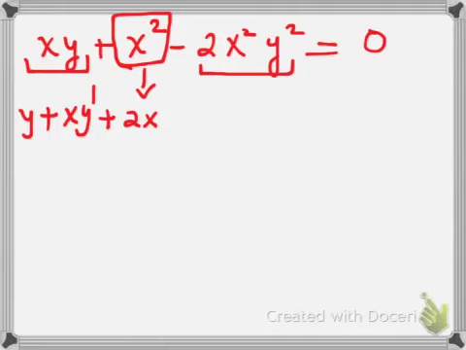Now again, this 2x squared y squared is a product of two factors, x squared and y squared. I can use three factors also, but 2 is a constant, the number 2 is constant, so you can just keep the constant outside and use the product rule for x squared and y squared.